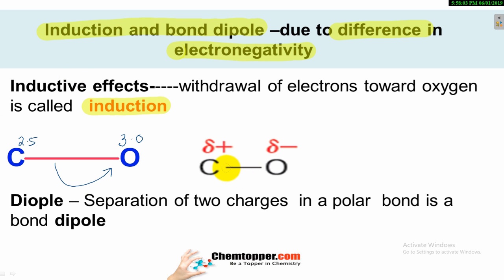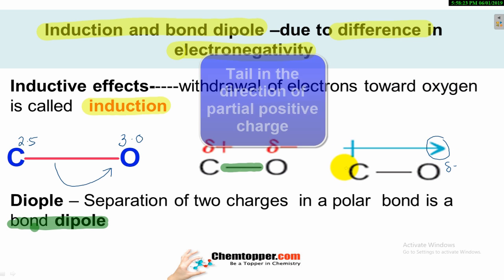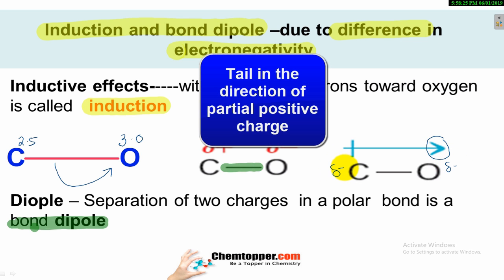So a chemical bond which has a charge separation has a bond dipole also. A bond dipole is represented by an arrow with a tail. The tip of the arrow is in the direction of the partial negative charge and the tail of the arrow is in the direction of the partial positive charge.